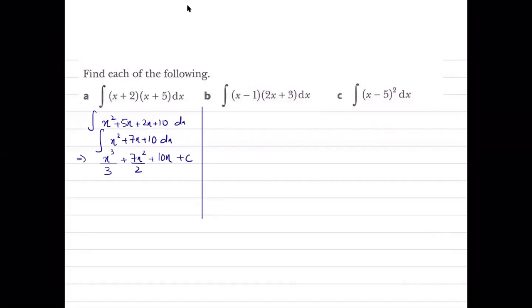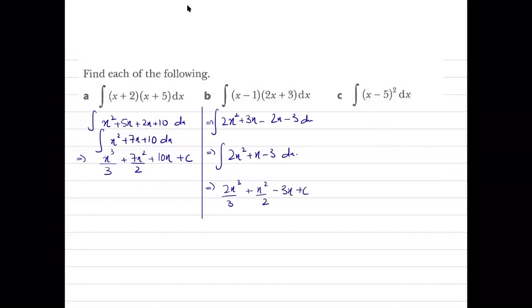Similarly, for the next one, if you multiply the two brackets out, you're going to get 2x squared plus 3x minus 2x minus 3, which is 2x squared plus x minus 3 dx. Integration is going to be 2x cubed upon 3 plus x squared upon 2 minus 3x plus c.